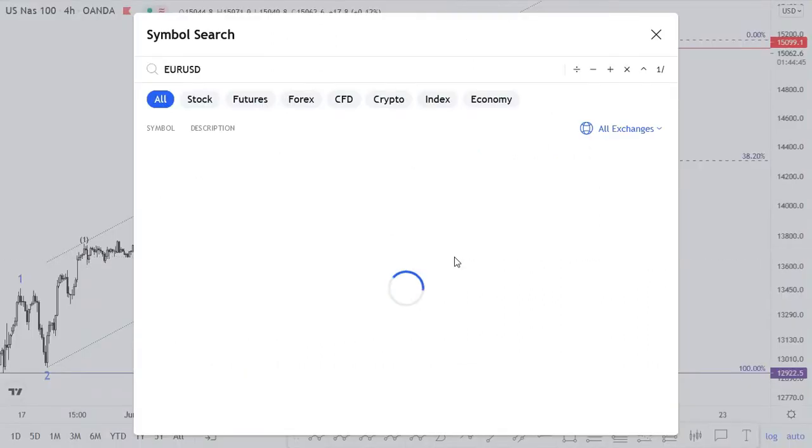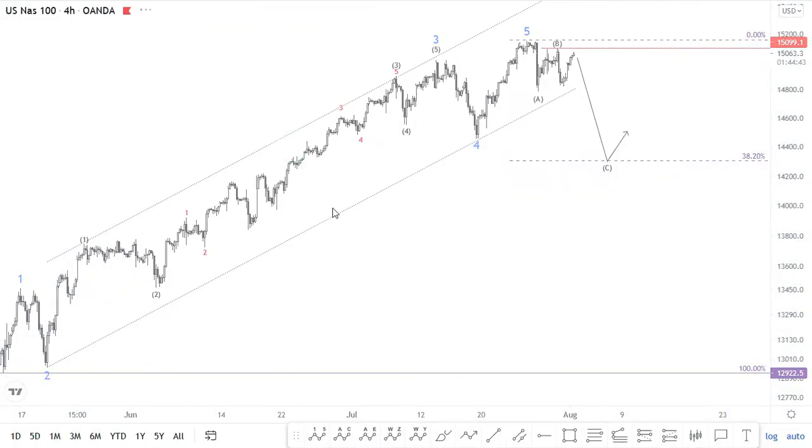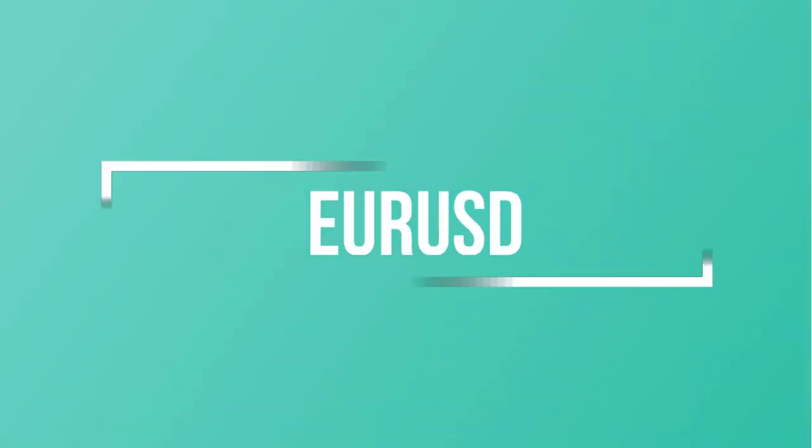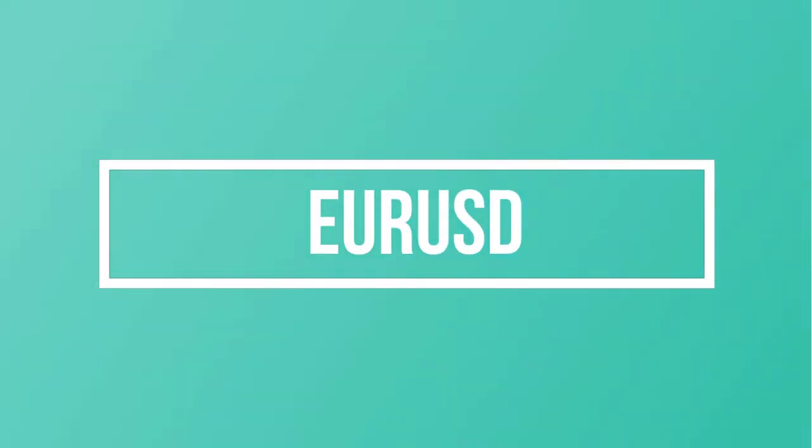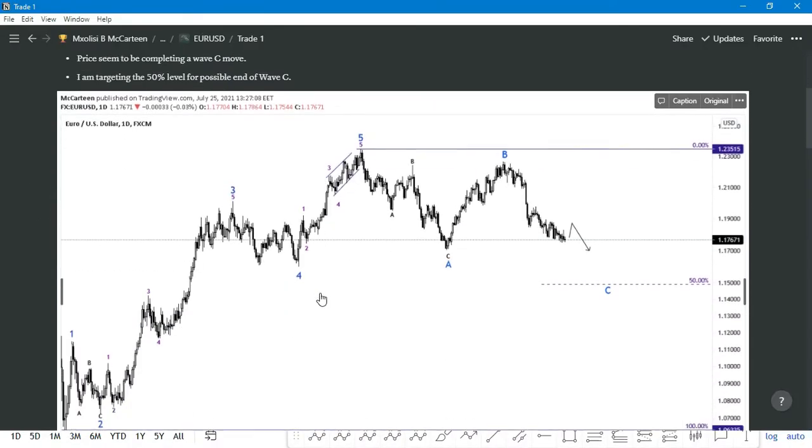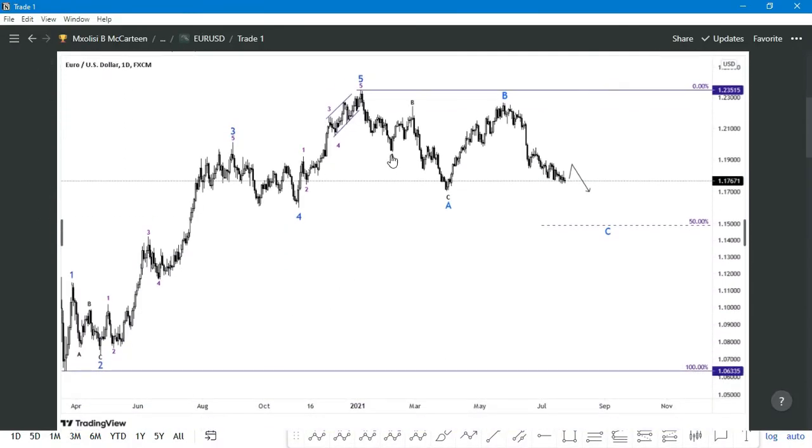We did EURUSD. I shared this analysis on my free Telegram group, and on EURUSD we have this bigger picture. I've been following EURUSD ever since this plunge, this chop movement here. We've been expecting that at least price has to take out this low, and then that's when I can consider my bullish possibility moves.